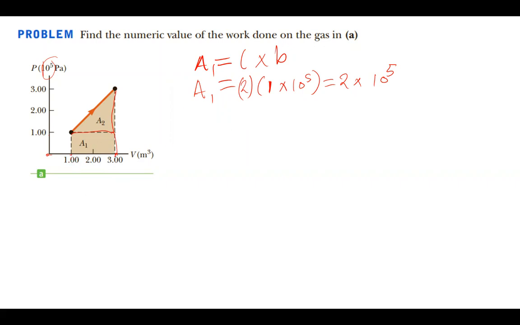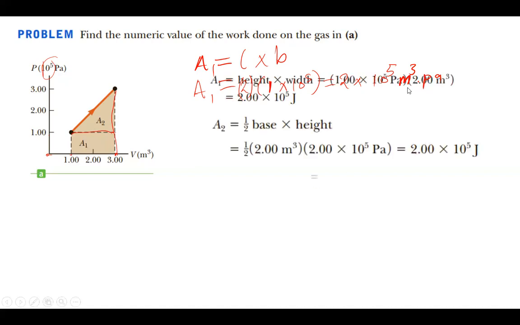This 2 is the length, which is in meter cubed, the volume. So we have meter cubed from the length. And then this one is a Pascal. So let's say meter cubed Pascals.